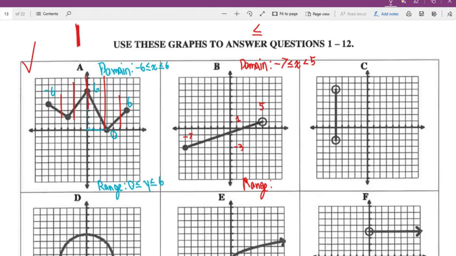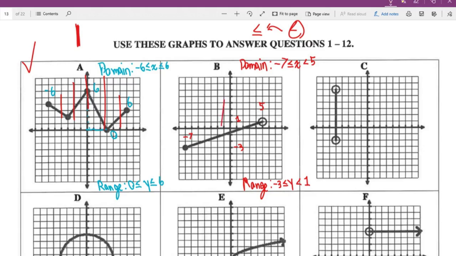So the part about having an open circle and having less than instead of less than or equal to still applies for the range. So we'll have -3 is less than or equal to y is less than 1.